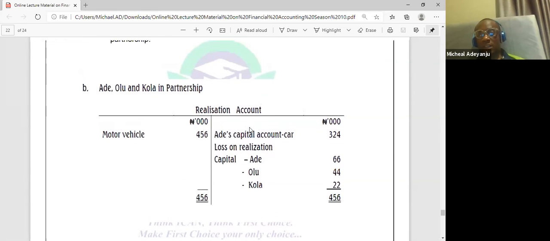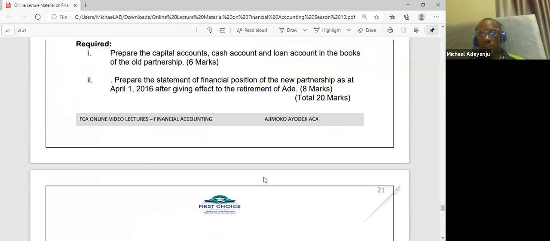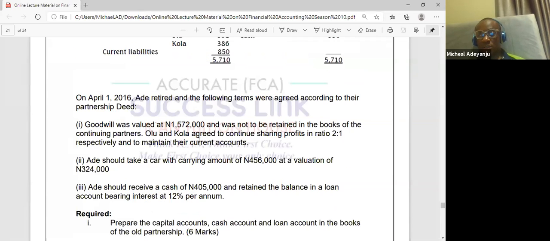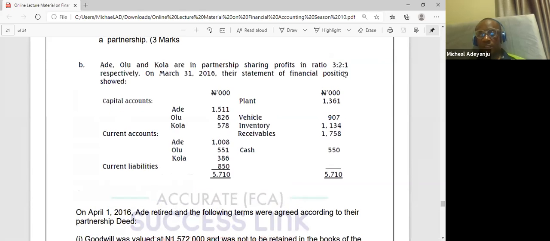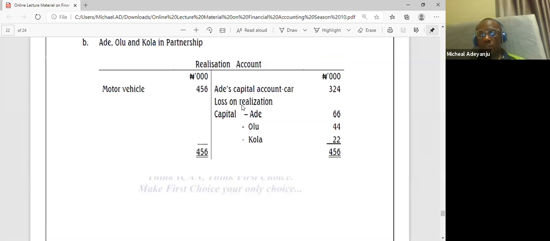This realization account is just for all of them, so we have a realization loss shared by Ade, Olu, and Kola in their profit sharing ratio. What is their profit sharing ratio again? It is 3:1. So the difference between 324 and 456 is what they are actually sharing.